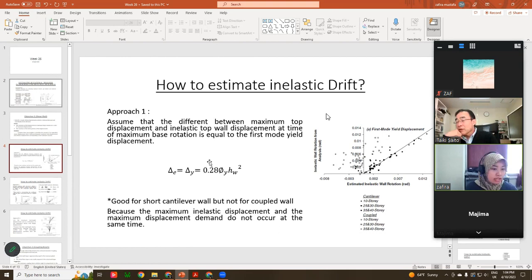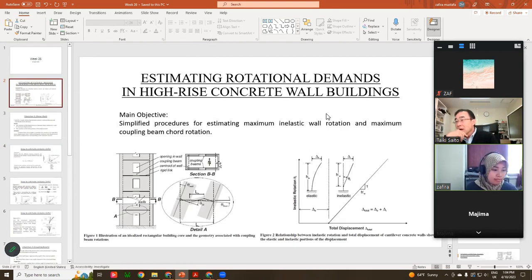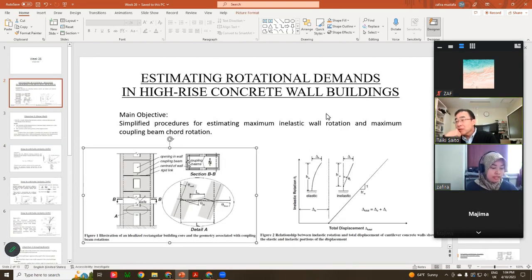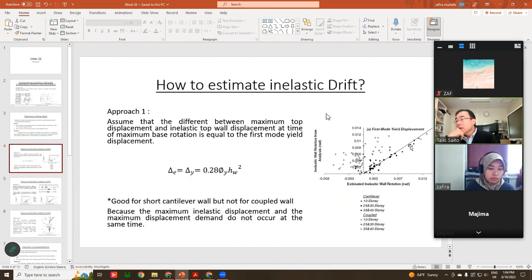This side, this side wall. Yes, sensei. So we can see the distribution here, and this first approach, by using this formula, is only good for short cantilever walls, but it's not recommended for coupled walls because they have a different mechanism.